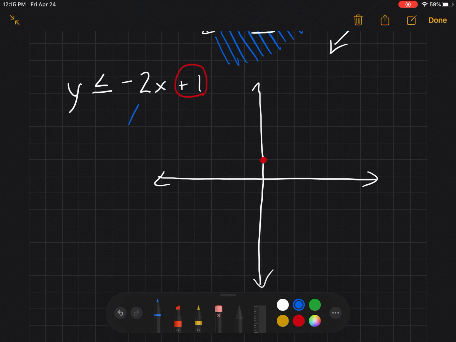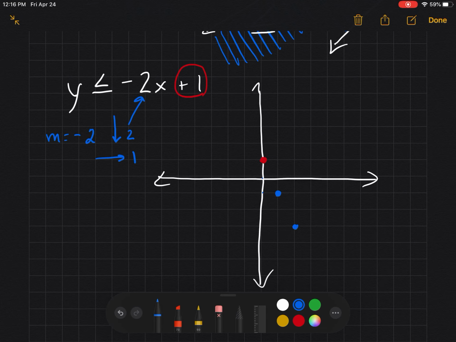And then we are going to use our slope. Now watch on this, because some of you mix this up. A slope of negative 2 means we're going to go down 2 over 1. That negative means we have to go down 2 over 1.